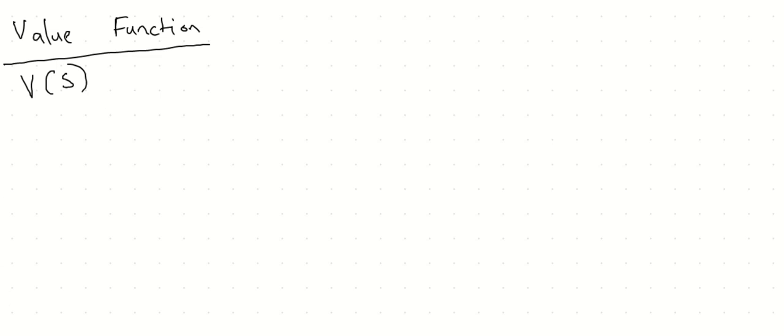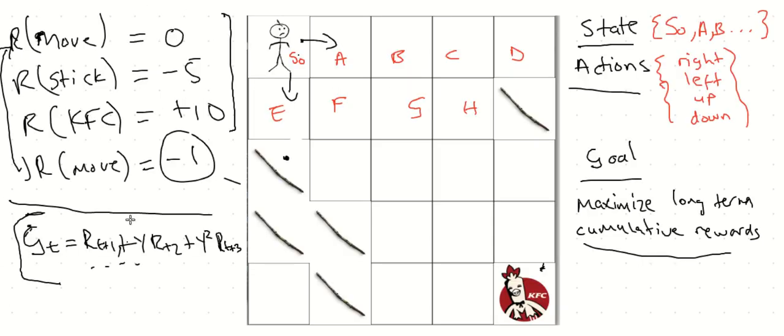So if we go back to our example, what's the value of this state? What's the value of that state? So let's say the value of one state is 10, another is 8, this one is 8, this one is, say, 6, and this one is 5, or this one is 4, or whatever. So if you're in this state, right here, this is where your agent is, let's say.